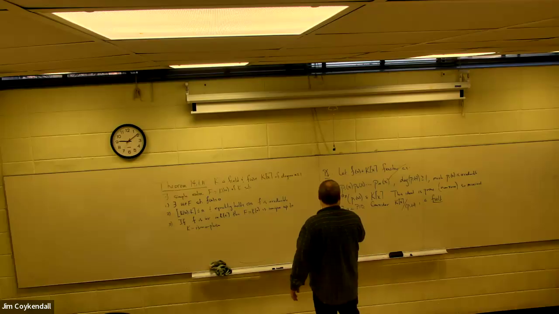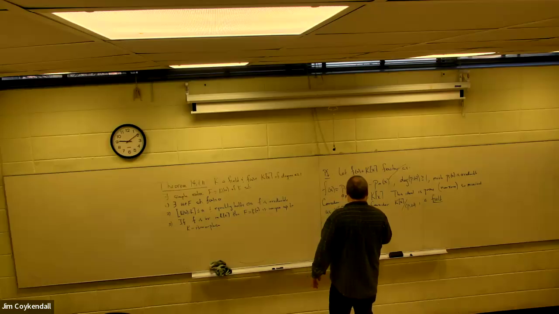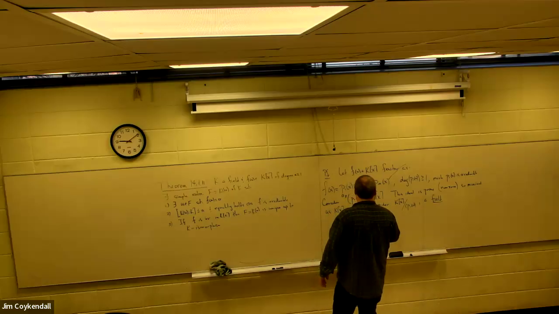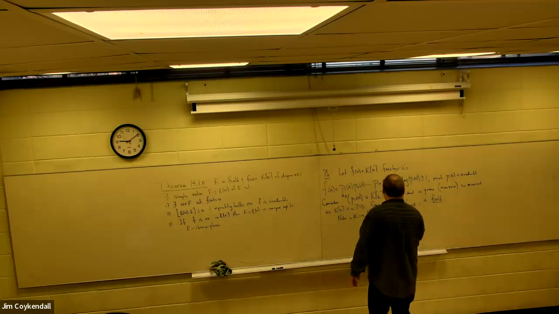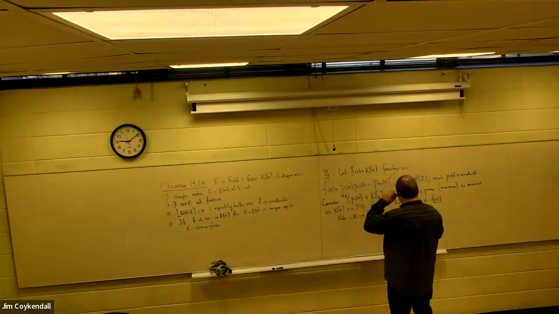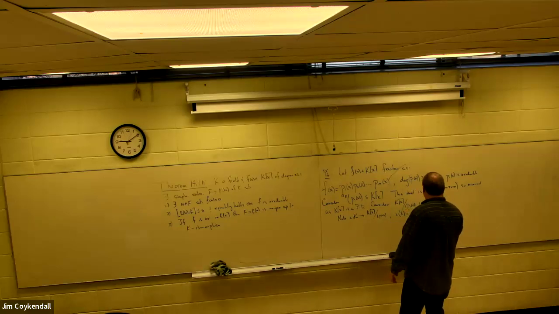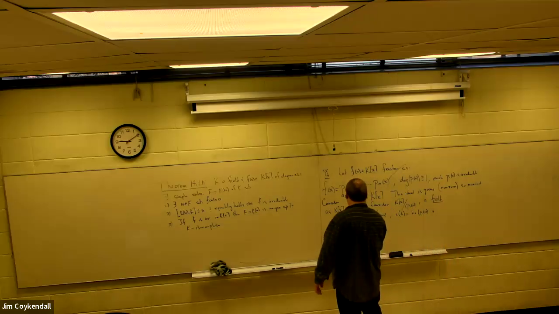So first note that, let's call this iota from K into k[x] mod p1(x), given by iota of k is equal to the coset k plus p1(x), is a homomorphism of fields.